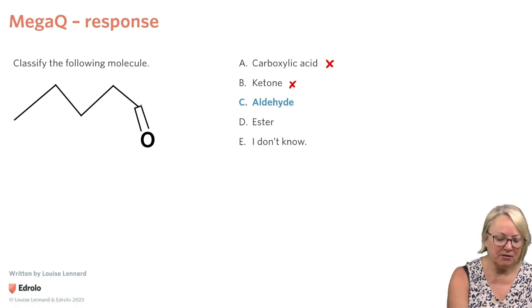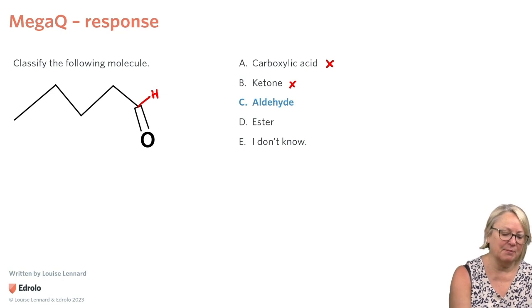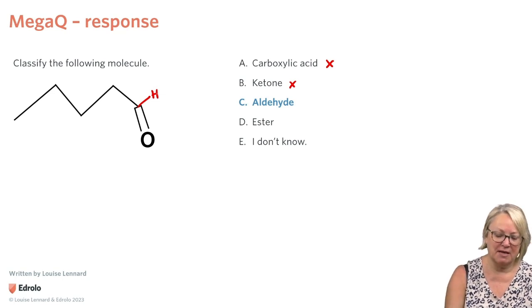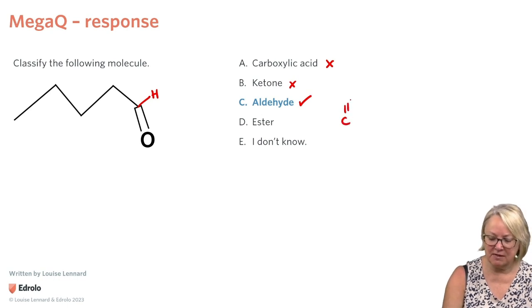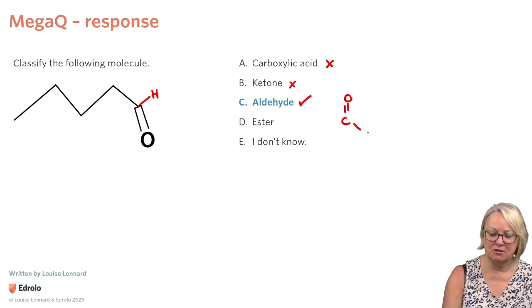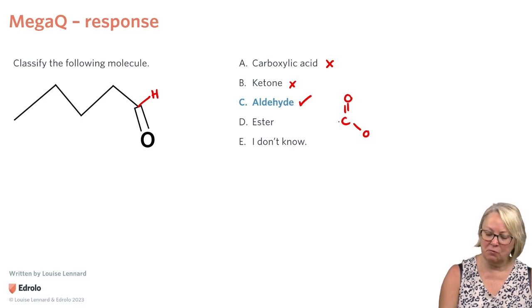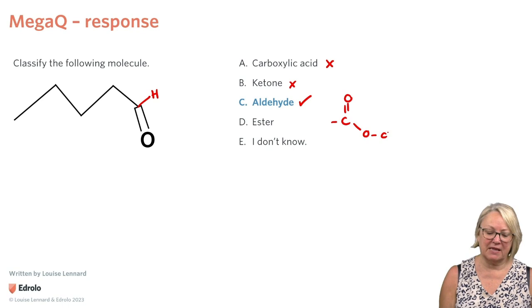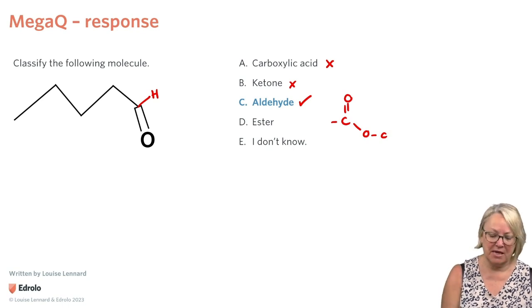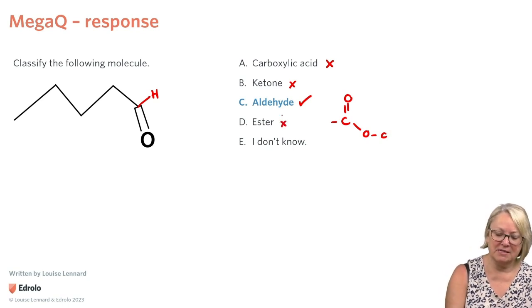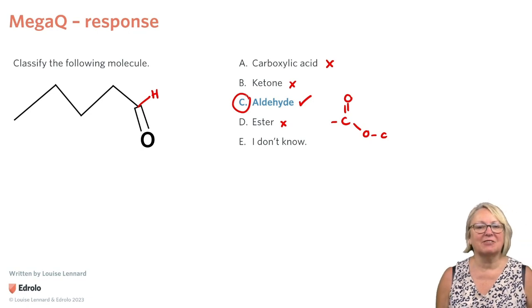It is an aldehyde because it's inferring that from this carbon, there's also a hydrogen there. And it's not an ester. An ester has got a carbon double bonded to an oxygen with another single bond oxygen coming off the carbon, and then a COO. We don't have a COO here. So the answer is C, aldehyde.